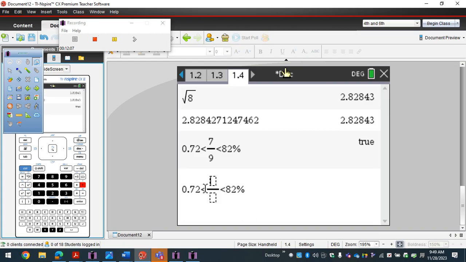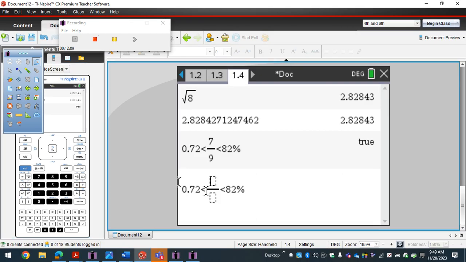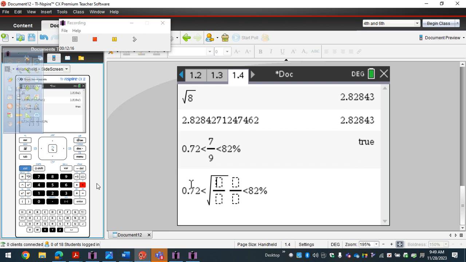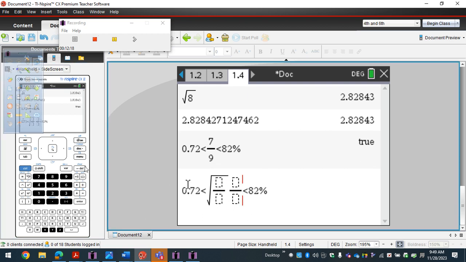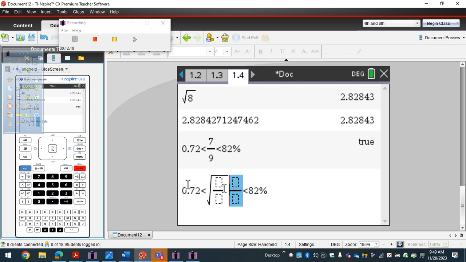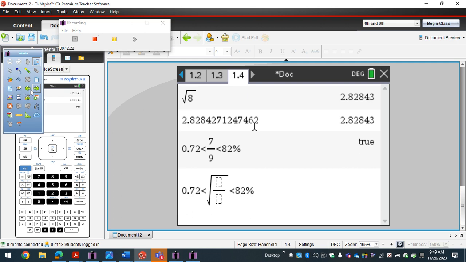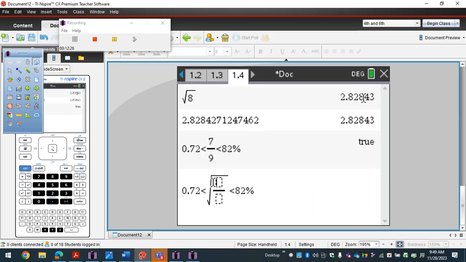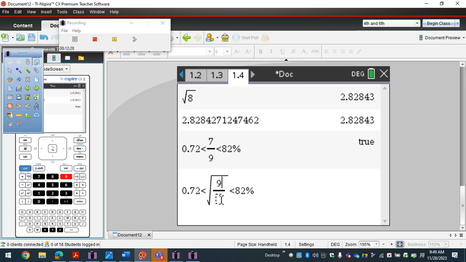So I have to add the square root sign here too. Square root. Oh, great. And I'll put the fraction in there. Yeah, that'll work. Let me delete that one. Yeah, square root. I forgot the number. Sorry. 9 over 8. Enter. And there it is, false.